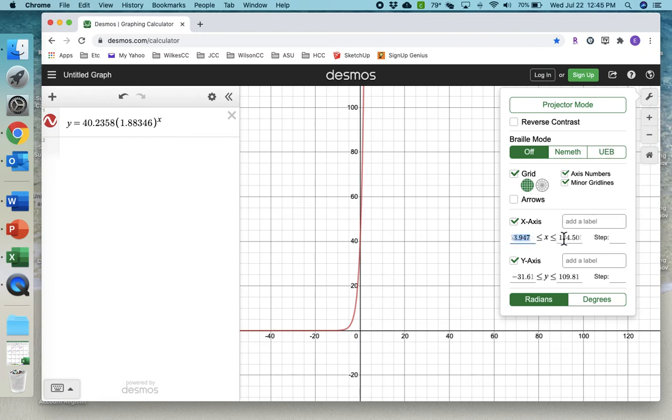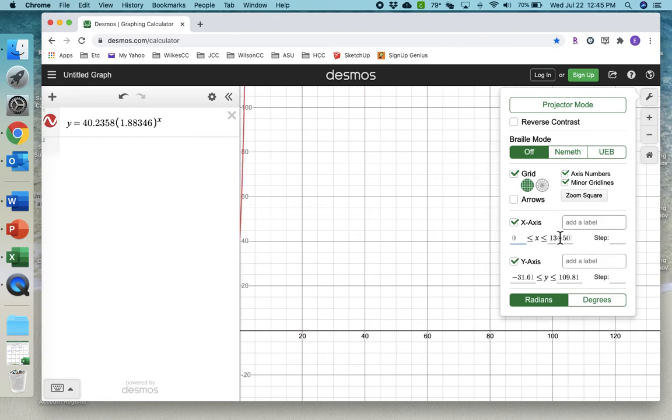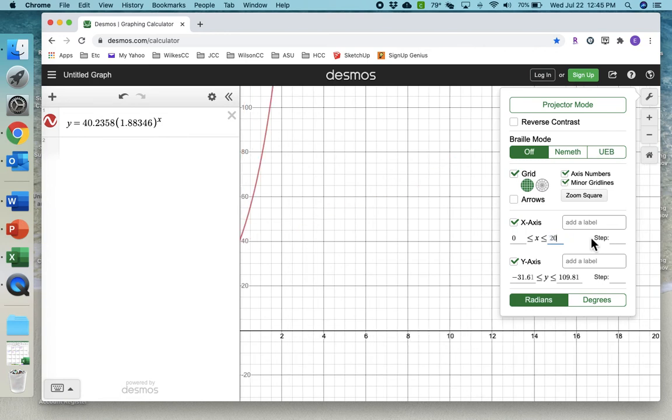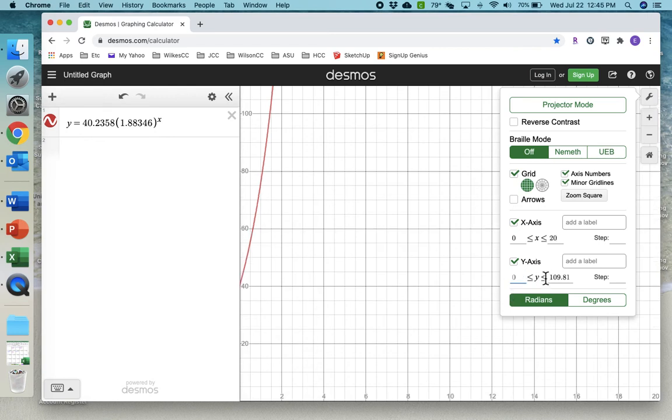So I'm just going to start at 0 because sales will just be positive. The year will just be positive. And let's go out 20 years, say. And then the y-axis, the sales will be positive, so I'm going to start at 0, and I can move it around as I need to.